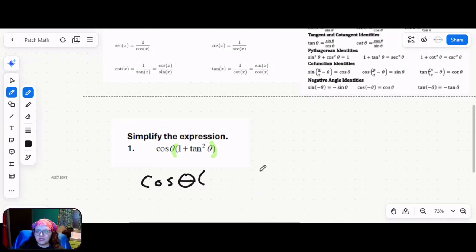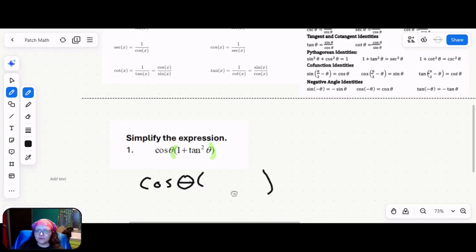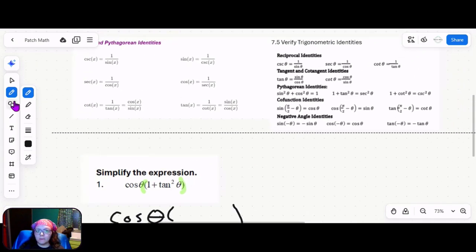Now, that's going to be our first substitution, because if you're familiar with any of your Pythagorean identities, you're going to see that 1 plus tangent squared of theta equals secant squared.